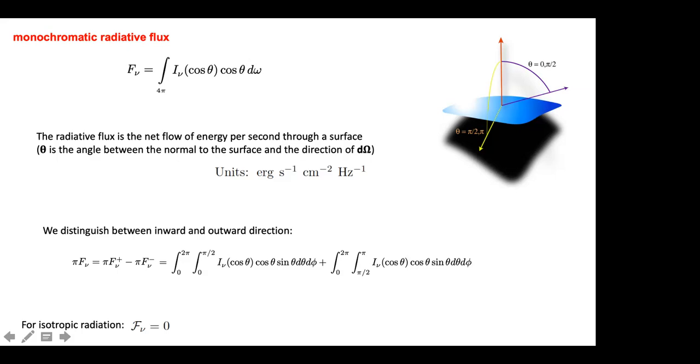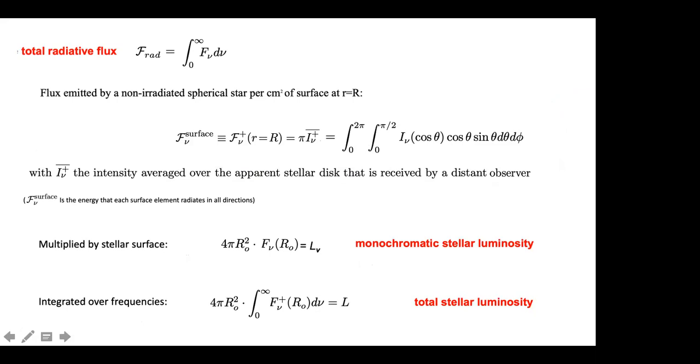Okay. And these are some more elaboration about that. Not very hard in this case. Of course, whenever you need to go above the dependence of wavelength, for example, because you need the total energy or something like that, you can integrate on the frequency or the wavelength, and you have the total flux, the total radiative flux.